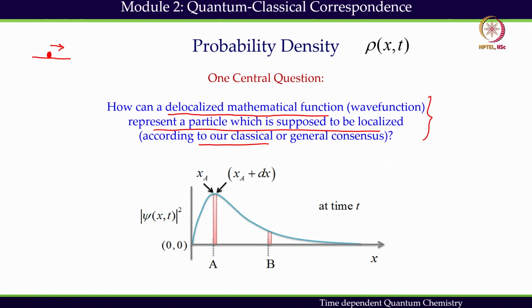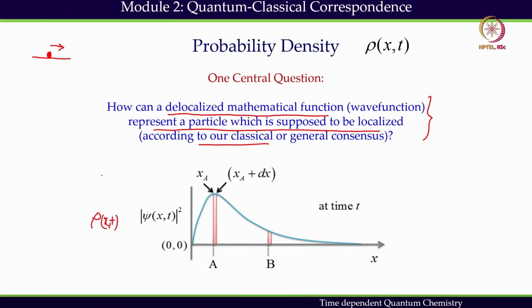So this question is important, and we have seen that quantum mechanics only provides a probabilistic answer to this question in terms of probability density, which I have plotted here. This is called probability density.